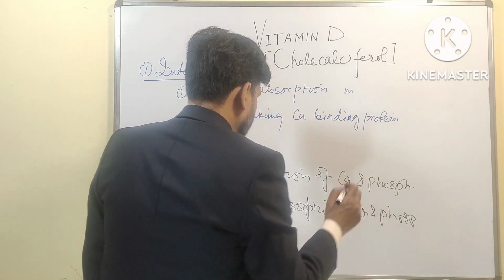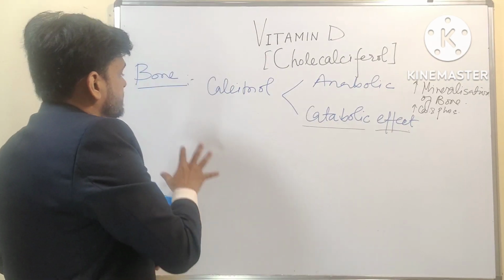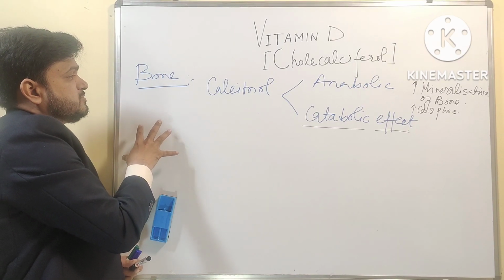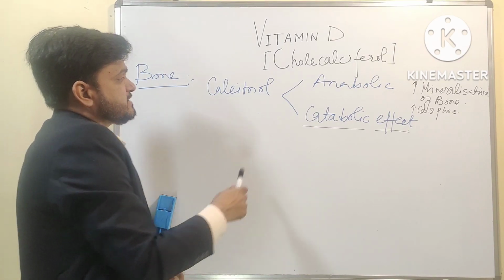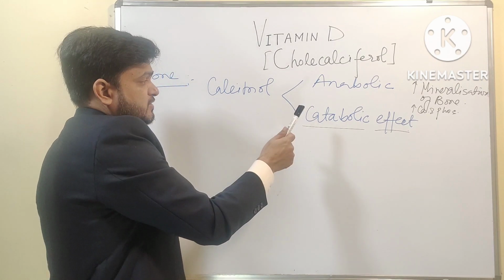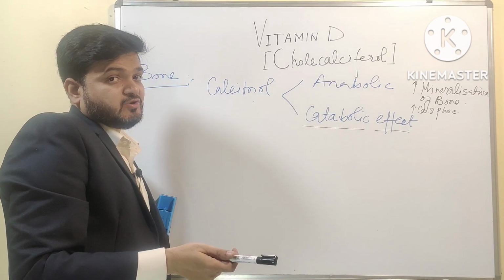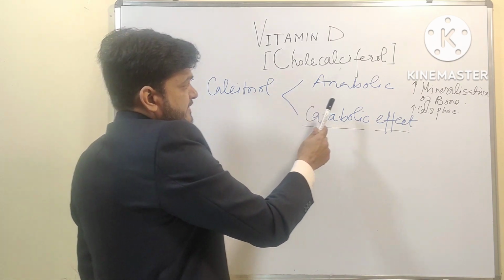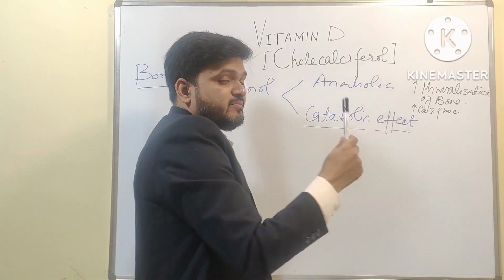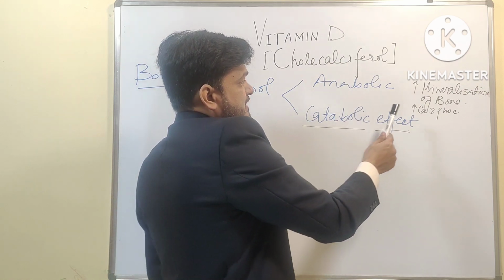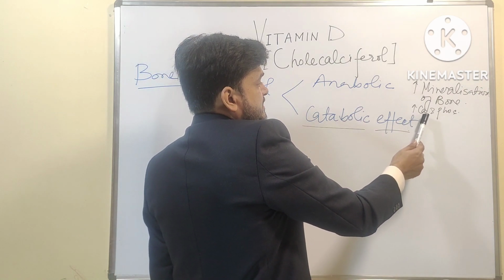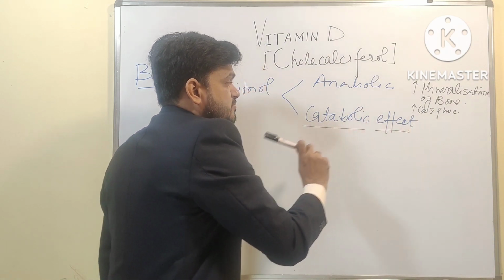Very simple, right? So now we will move to the third organ, that is bone. Calcitriol has both an anabolic effect and a catabolic effect on the bone. The anabolic effect is that it increases mineralization, by increasing calcium and phosphorus deposition in the bone.